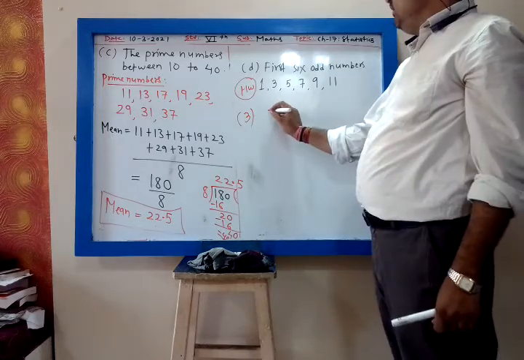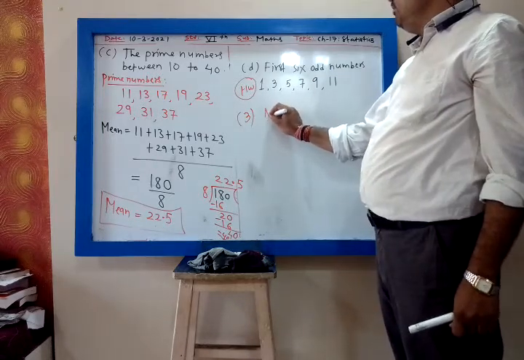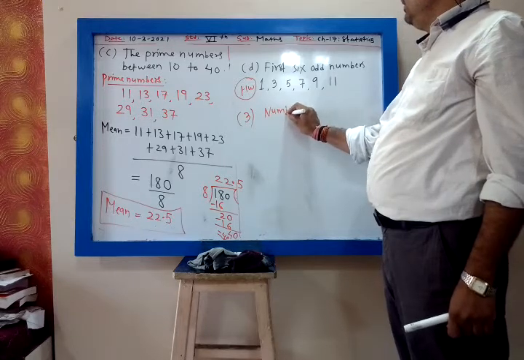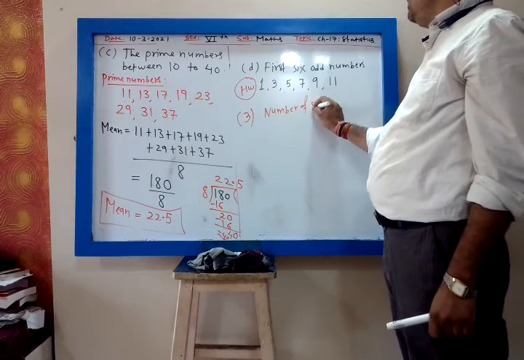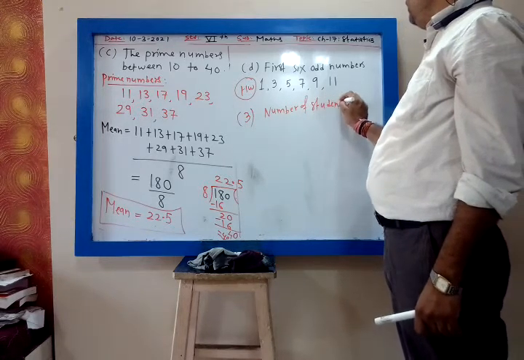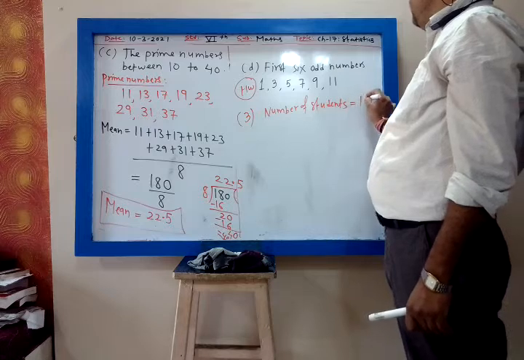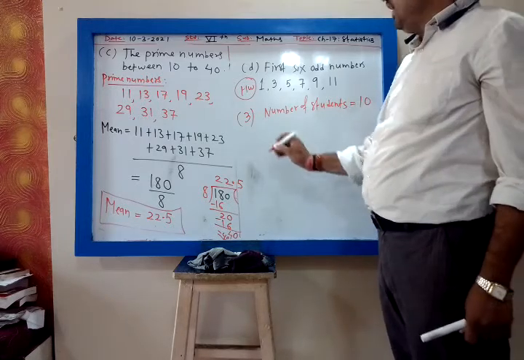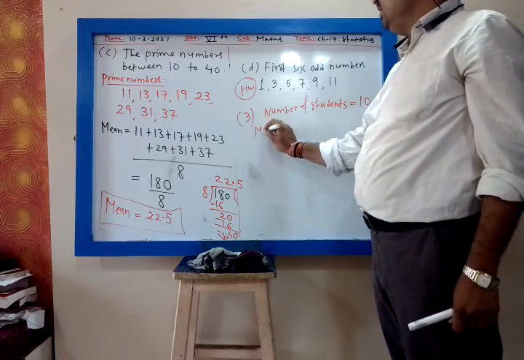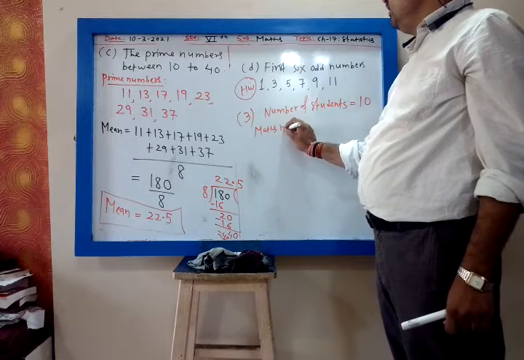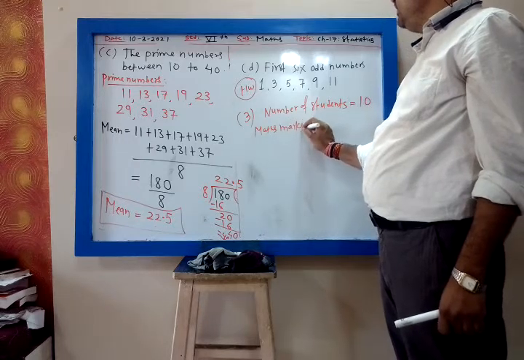Here we are given number of students. Third one, number of students is 10. Then their marks are given. Maths marks are given. What are maths marks?